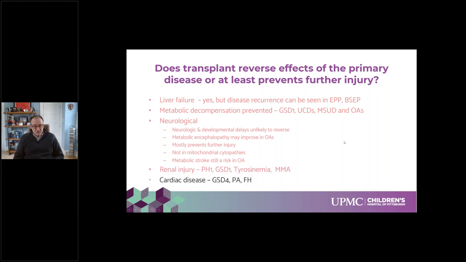And there are other conditions where you have cardiac disease that may occur despite transplantation in glycogen storage disease type 4, but hopefully in propionic acidemia and familial hypercholesterolemia, you will prevent the onset of further cardiac disease, although you're not likely to reverse any atheroma that you already have from your familial hypercholesterolemia.